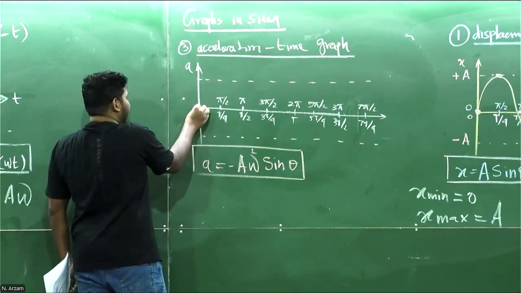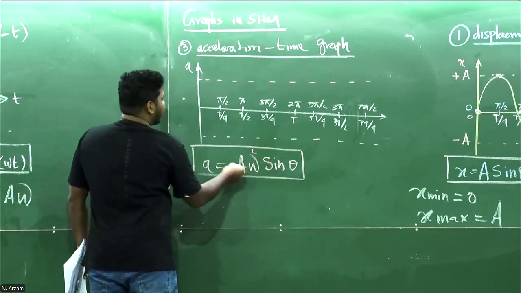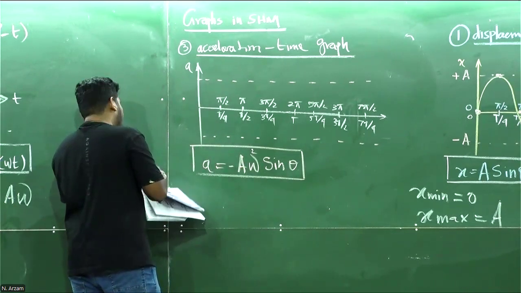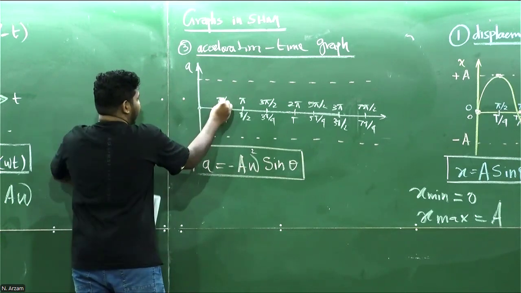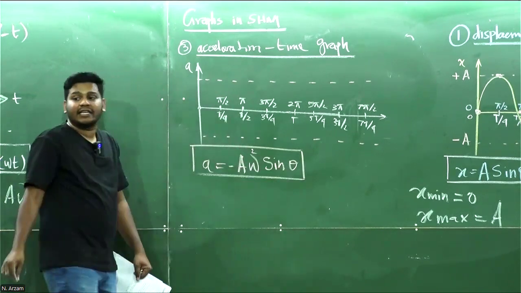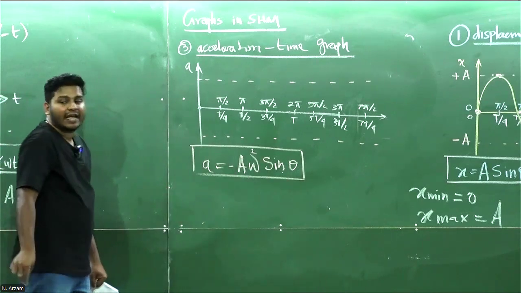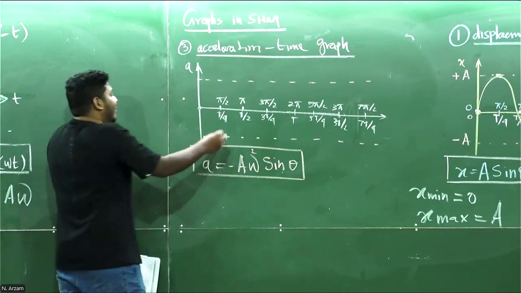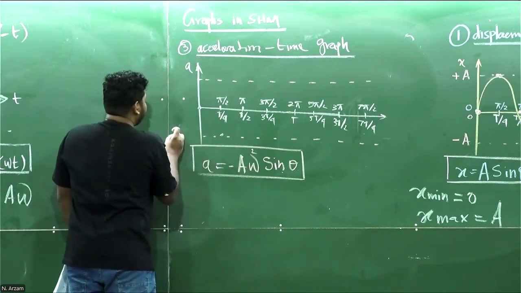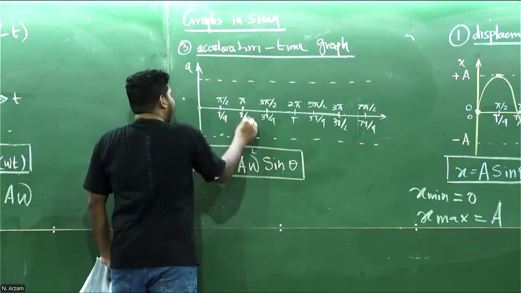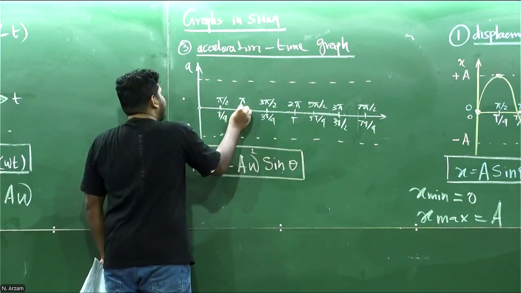Look here. If sine theta is equal to naught, we know that A is equal to naught. Okay, right. If sine pi by 2, sine 90 is plus 1. So plus 1 into minus A omega square is minus A omega square. Sine pi is equal to 0.